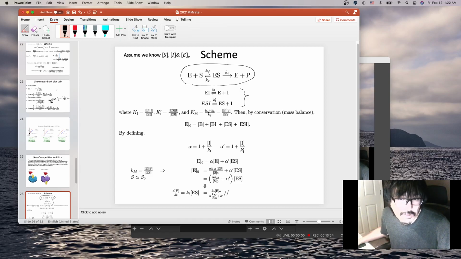What's being formed, kr times ES plus kcat times ES, should be equal to what's consumed, kf times E times S, right? So you can rearrange that to get this one. That's Km right here. And then doing the mass conservation, I get E naught is equal to all the species that contain E: E and EI and ES and ESI.